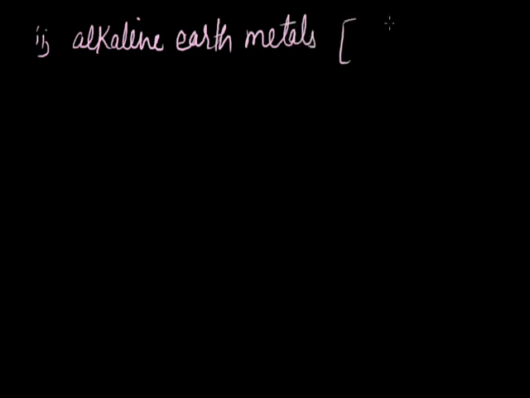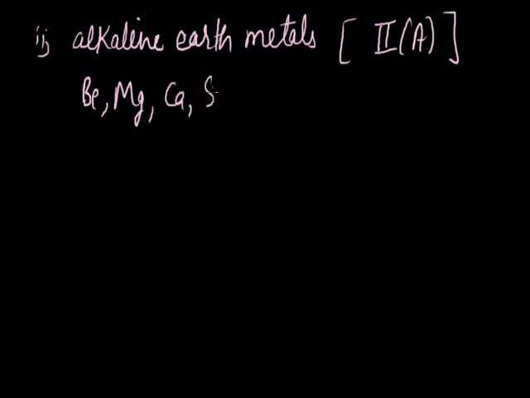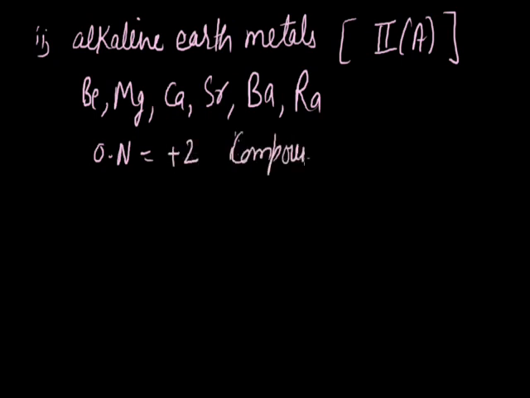Second, for alkaline earth metals, which are present in group 2A of the periodic table, that is beryllium, magnesium, calcium, strontium, barium and radium, the oxidation number is always equal to +2 in their compound state.